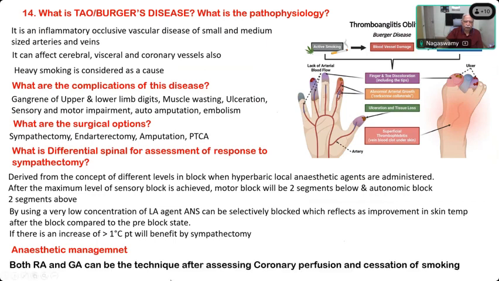Both RA and GA can be the technique, processing coronary perfusion, because as I said here, the coronaries also can be involved. So after assessing the coronary perfusion and asking the patient to cease smoking, you can think of giving a central neuraxial blockade or a stellate ganglion block, or any repair of the digits, or you can go for GA with an ET tube or LMA, whatever you want to do.